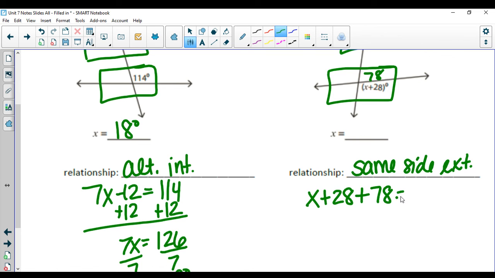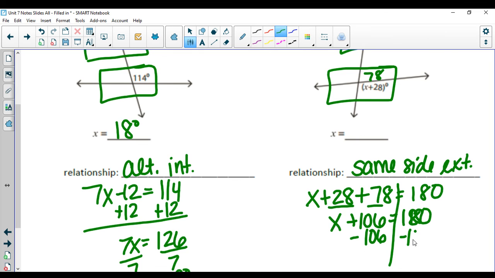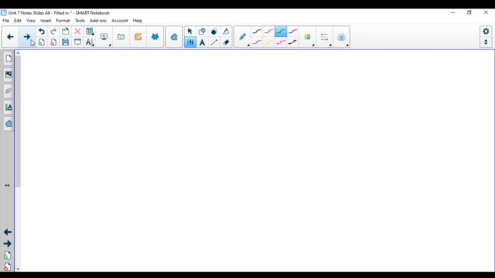So x plus 28 plus the 78 is going to give me 180. I do need to combine my like terms here. So 28 plus 78 will give me 106 equals 180. Subtract away that 106 on both sides, and that'll leave you with x is equal to 74 degrees. So x is 74 degrees then.